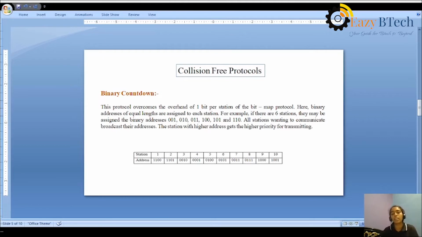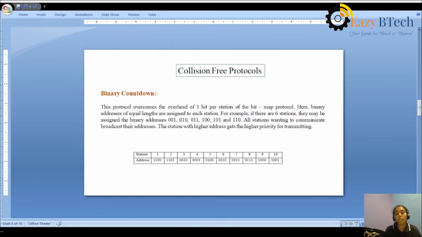This protocol eliminates that 1 bit assigned to each station by using binary countdown. Here binary addresses of equal length are assigned to each station, for example 0001, 10010, and so on.